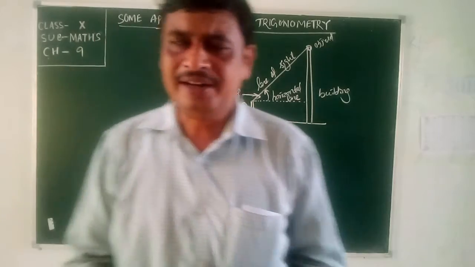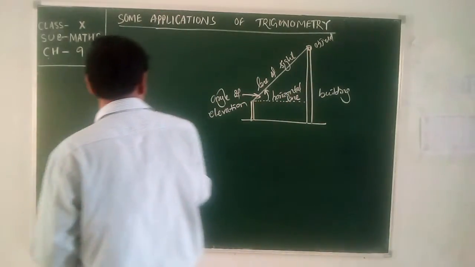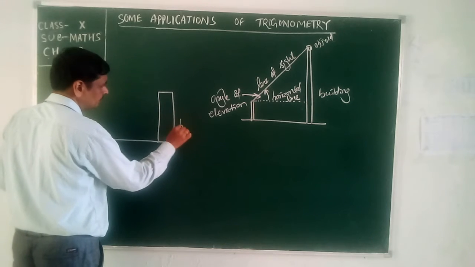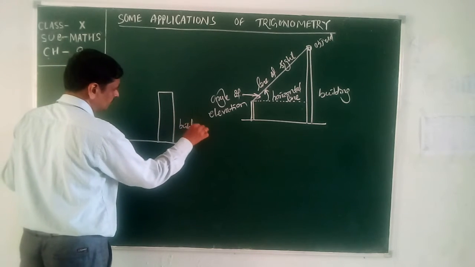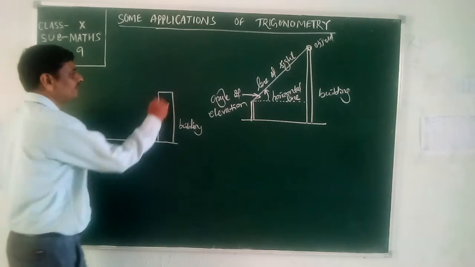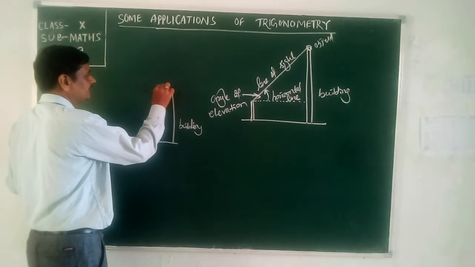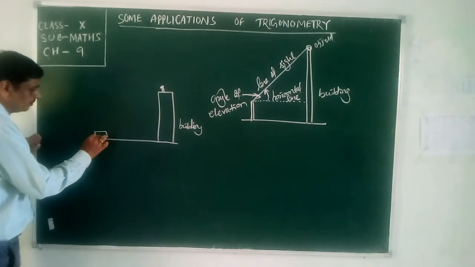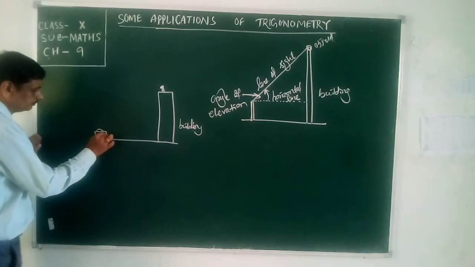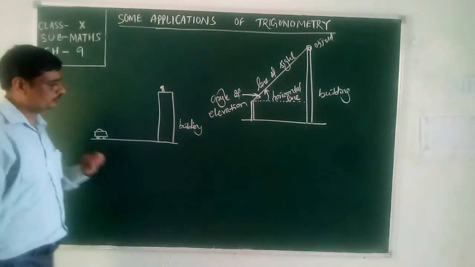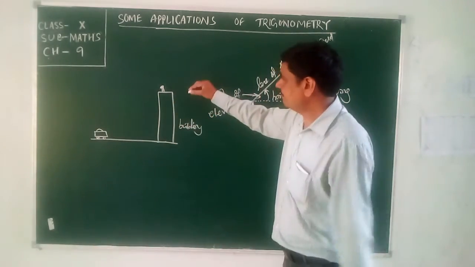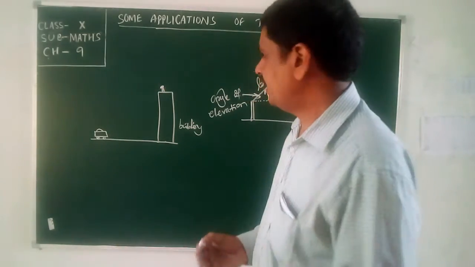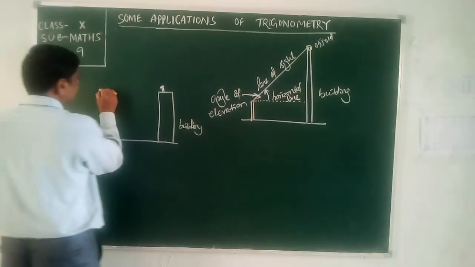Similarly, when a building is here on the ground and a person is on top of it, and a car is moving on the road, the person on top of the building has a horizontal line in this way.